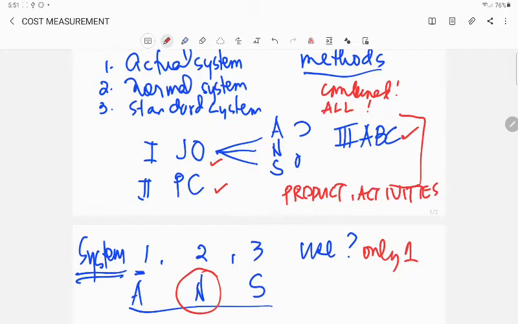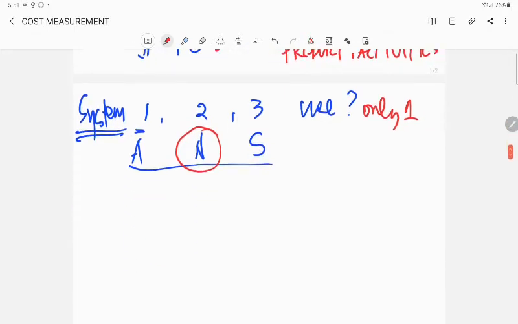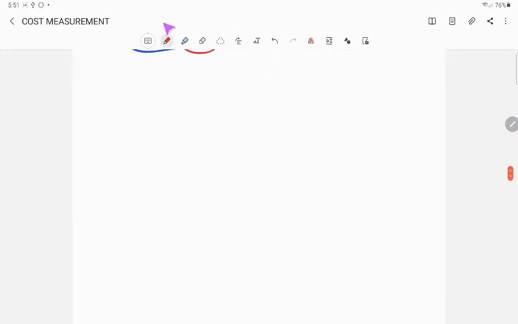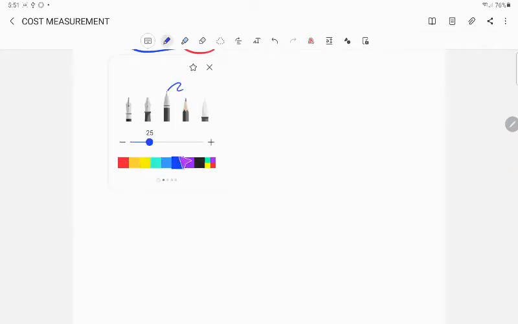May mga separate discussion tayo on how to measure cost, accumulate cost, if it is job order, process costing, and activity-based costing. This particular discussion will focus on the general features of cost measurement. So, ano yung tatandaan nyo ngayon?